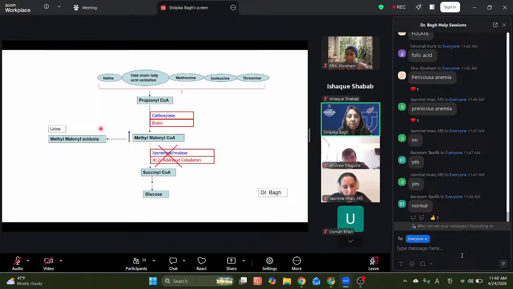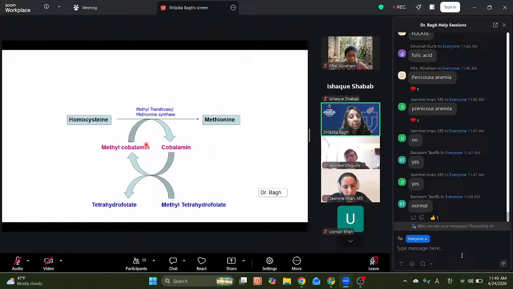In folic acid deficiency, MMA levels would be normal, right? Also, why in B12 deficiency is there folate trap? This reaction is blocked in B12 deficiency. You cannot form free tetrahydrofolate.